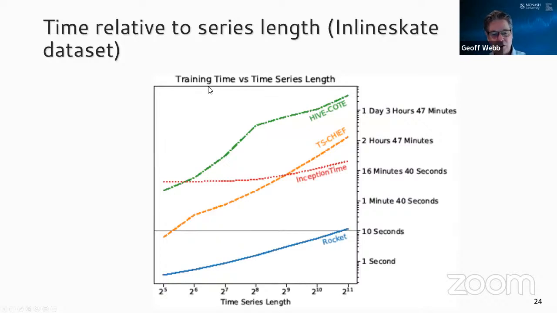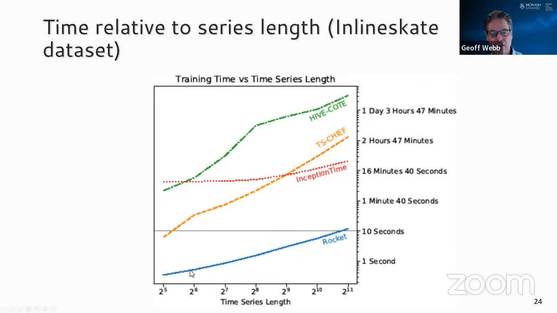Scalability, it's important also to consider scalability with respect to time series length, because some approaches are quite fast with short series, but don't scale well to long series. Here we have a task where we've taken a series of increasing lengths.